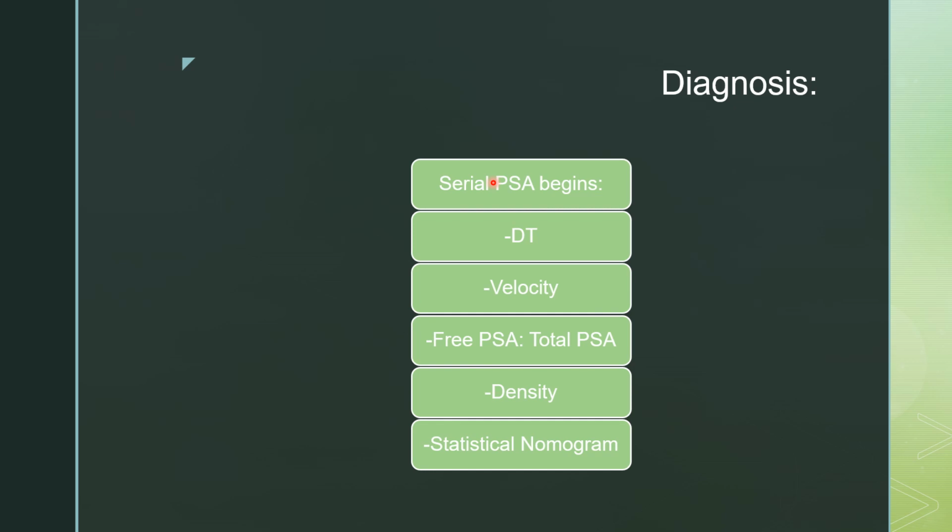Then, based on so many other factors, the age of the man, other associated comorbidities, we will start recording other values of PSA every 2 to 3 years. So every 2 years or every 3 years, you come back.